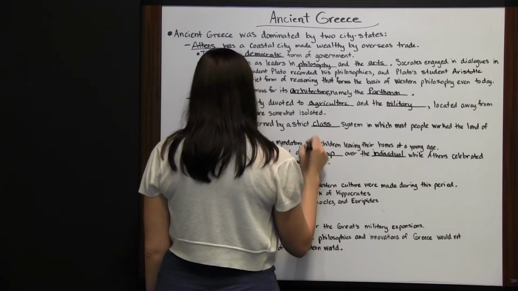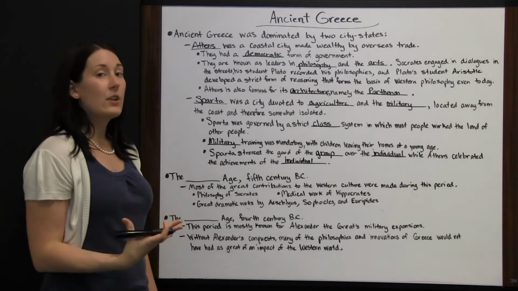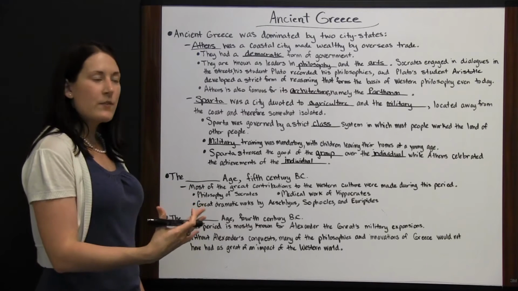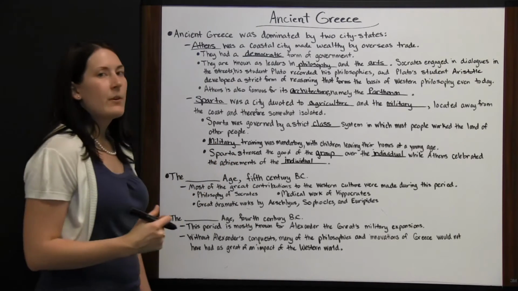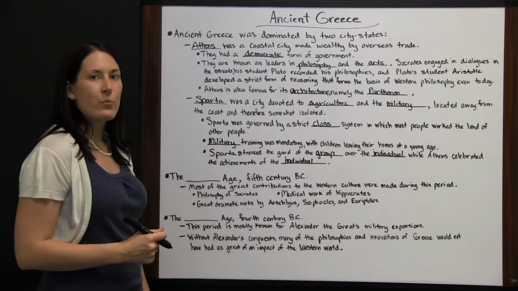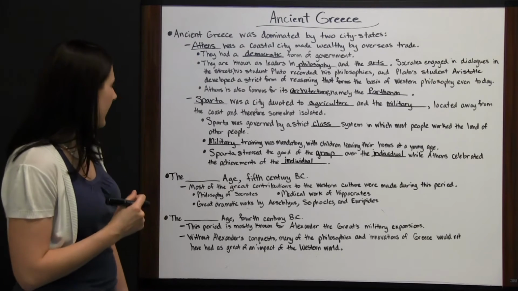And you'll remember Athens was a democracy. Athens celebrated philosophy and the arts, and so they were more focused on the individual's value, where Sparta was more focused on the value and success of the group versus just one individual succeeding or surviving.